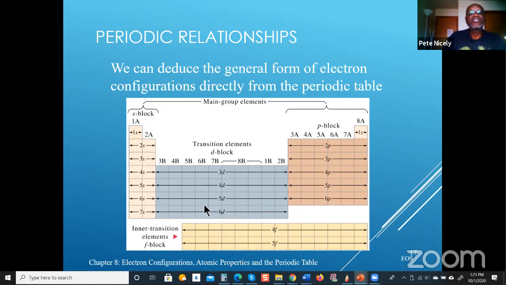So we call this region here the D block region, and then as far as the inner transition elements are concerned, we call this the F block region, all right? So those are just some different regions where they're categorized according to which orbital will be gaining electrons as you're applying the Aufbau principle going from left to right of any period within these blocks, all right?